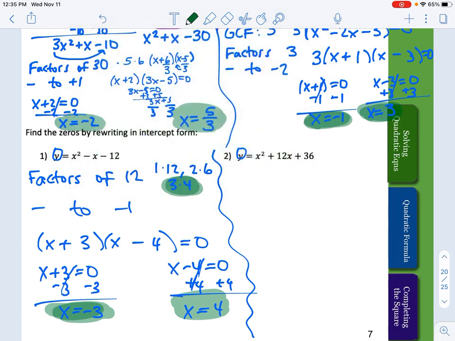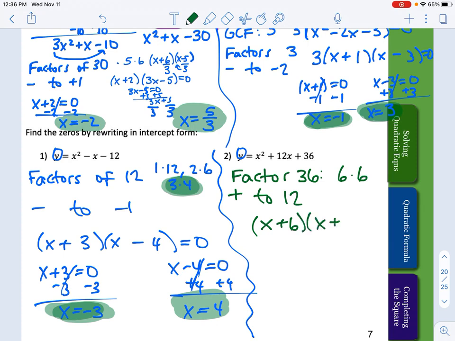This one, we work it the same way. We need factors of 36 because there's no greatest common factor. We can't pull anything out. That add to 12. If you notice, there are a bunch of factors of 36, but the only set that can add to 12 is 6 and 6. So we have x plus 6, x plus 6. That can be written as x plus 6 squared.